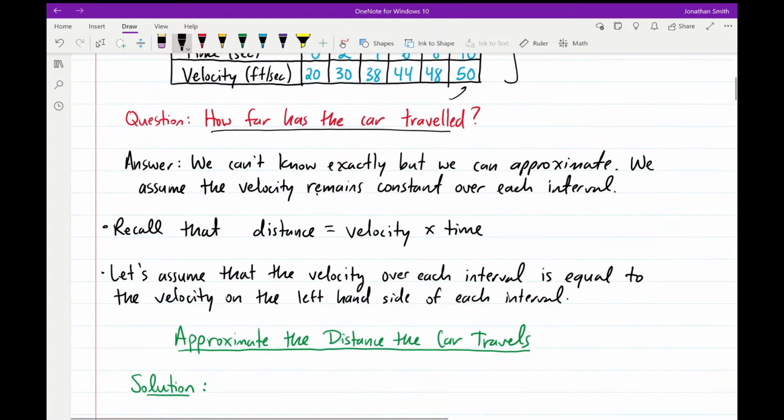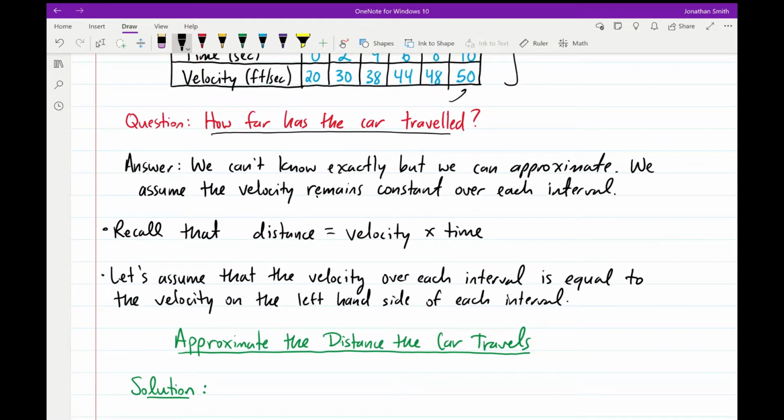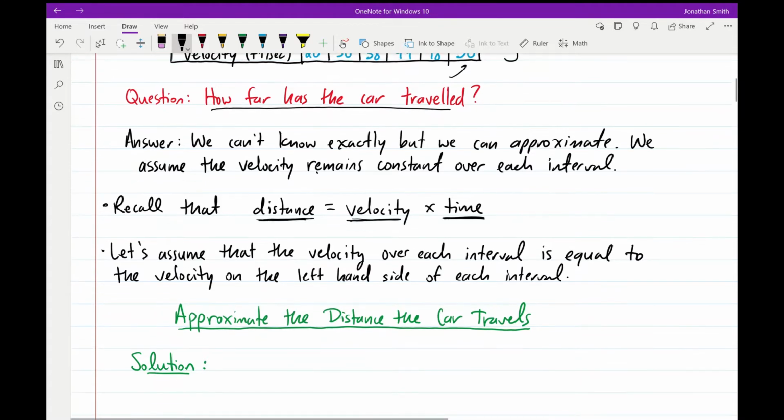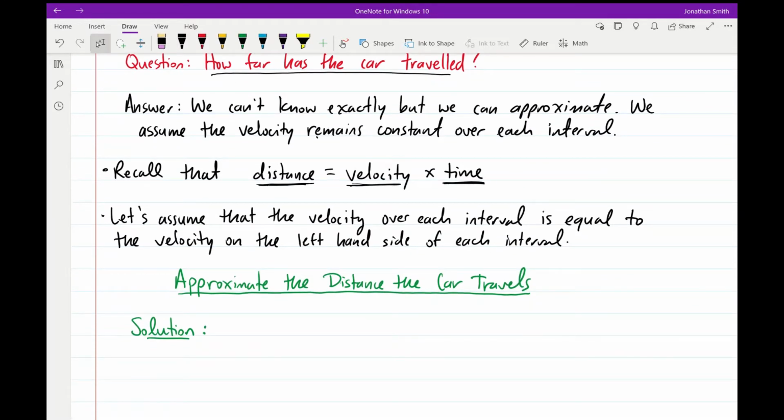Another piece of information we're going to need for this calculation: remember that the distance an object travels is equal to its velocity, when the velocity is constant, times the amount of time that the object is traveling. This is an equation that we're going to use over and over again here. For this first approximation, let's assume that the velocity over each of these 2-second intervals is equal to the velocity on the left-hand side of each interval.